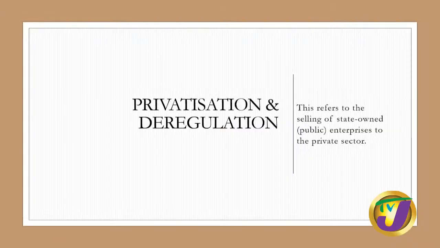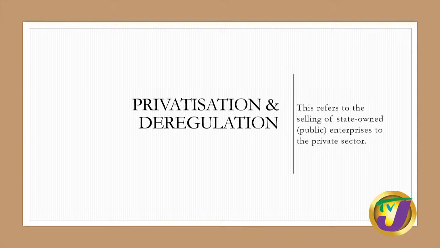There is privatization and deregulation, where the government can look at businesses or firms that might not be operating efficiently, and they can consider those state-owned businesses or public organizations.